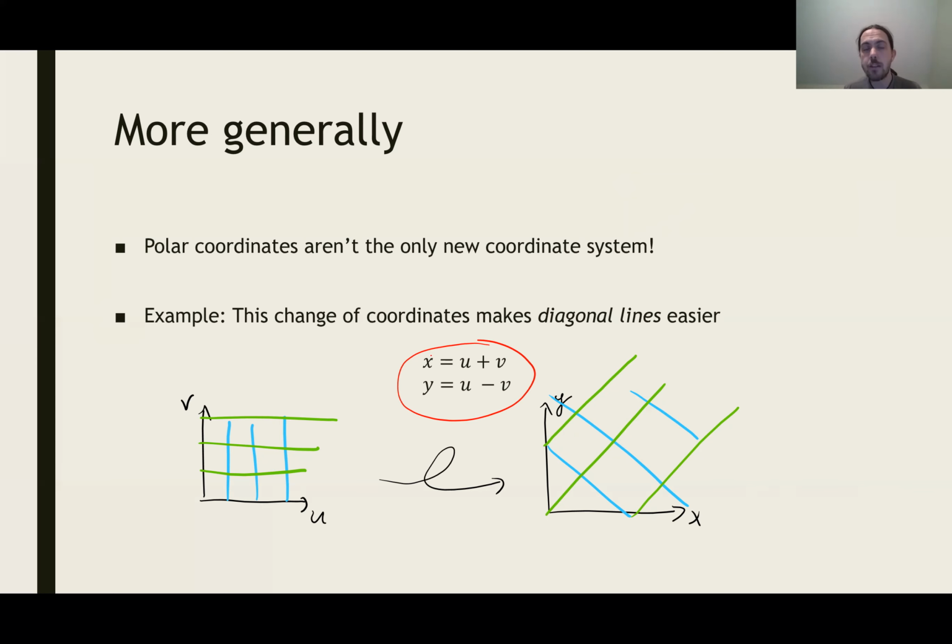If we do that substitution, then it's going to take these horizontal lines and vertical lines inside u and v coordinates, and it's going to turn them into diagonal lines inside x and y coordinates. That's going to give us a very clean way to express diagonal things inside our coordinate system. That's a little bit better than we would normally deal with those just doing x and y coordinates. And so having that at our disposal is very handy too. So that's where we're going today.